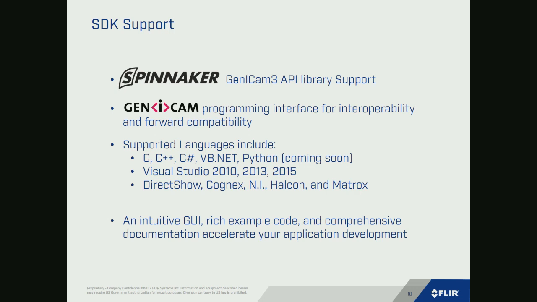You just recompile your app and you've got access to all those new features. So it's a really streamlined development process. We support a wide variety of languages, and all the major third-party libraries from NI, Matrox, Cognex, and Halcon. Windows, Linux, and ARM platform coming soon.